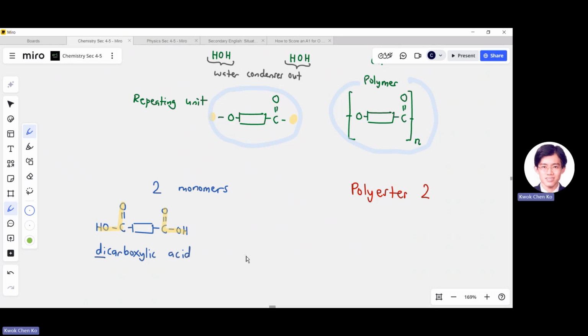You need a second monomer. It looks like this. So let me have a different group here. If your question gives you all these shaded rectangles and so on, you replicate it. You make sure you draw your shaded rectangles too. The second monomer looks like this.